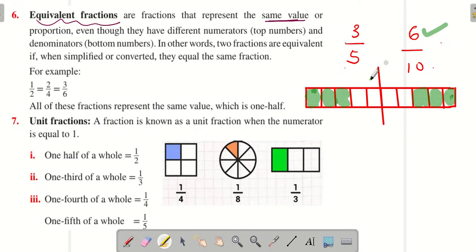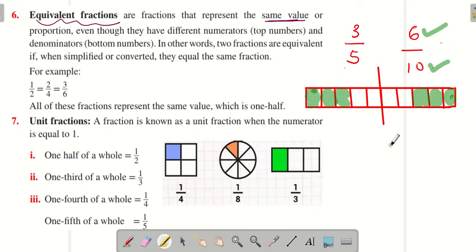And the whole is the entire boxes that make the rectangle, and that is 10. So how many have we shaded? 6 out of how many? 10. That is correct.